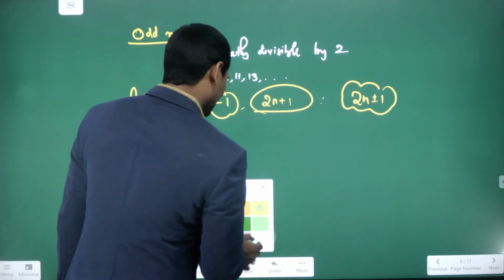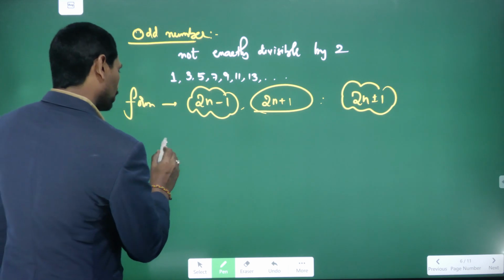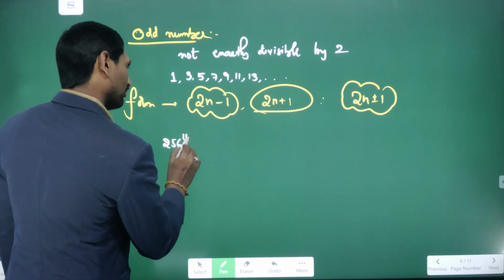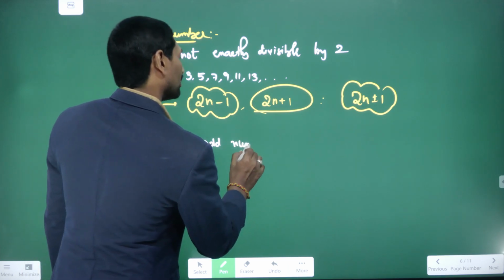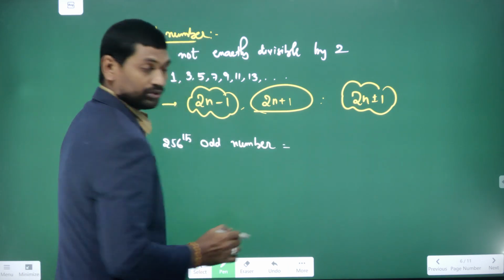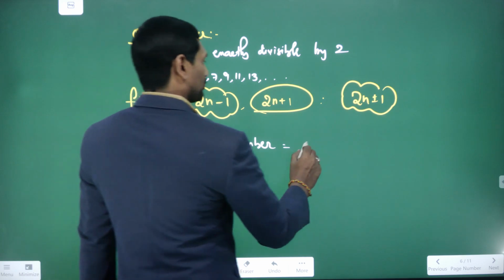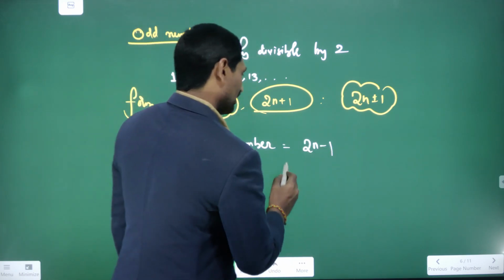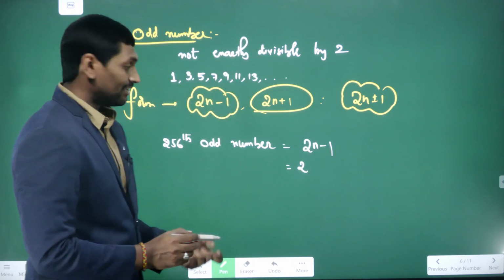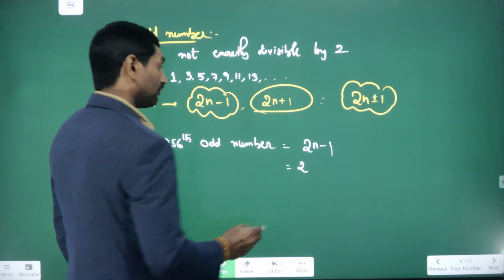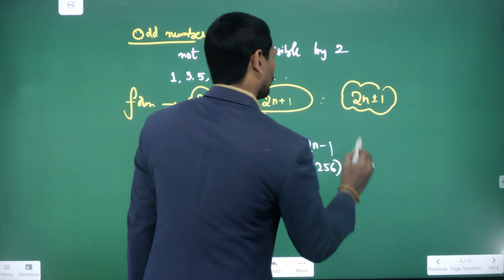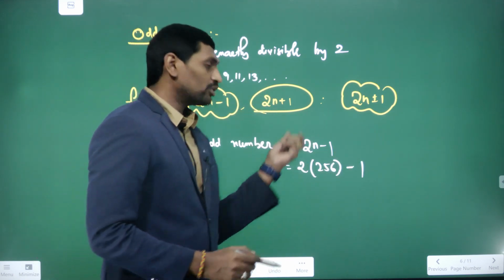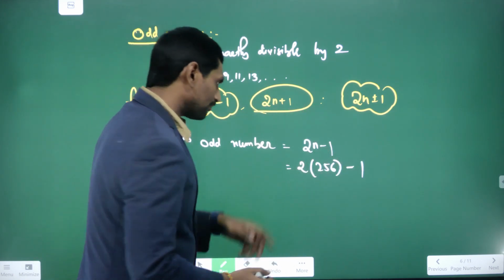Let us try one example. For example, I want the 256th odd number. Let me try this format: 2 into n minus 1, where n is 256, the 256th term. Here 2n means 2 is multiplied by n.